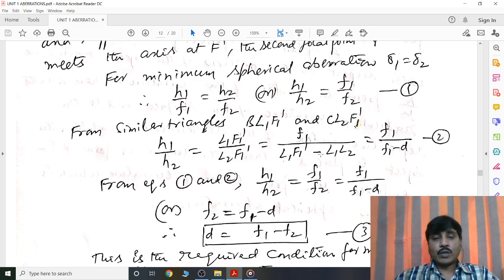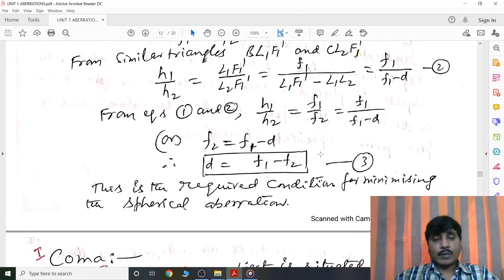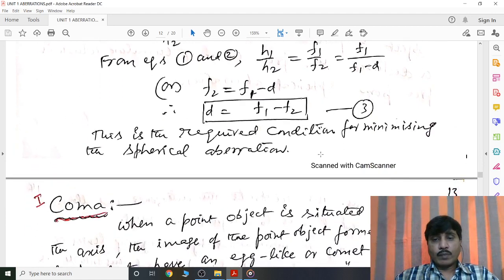Comparing equations 1 and 2, we get f1 by f2 is equal to f1 by f1 minus d. Therefore, f2 is equal to f1 minus d, or d is equal to f1 minus f2. This is the required condition for minimizing the spherical aberration. That means the distance between the two lenses should be equal to the difference of their focal lengths.